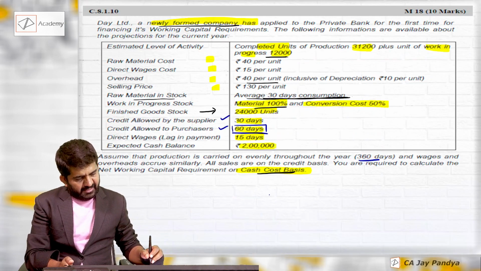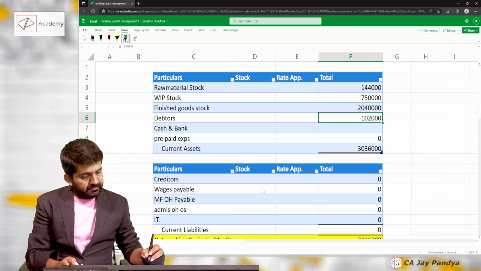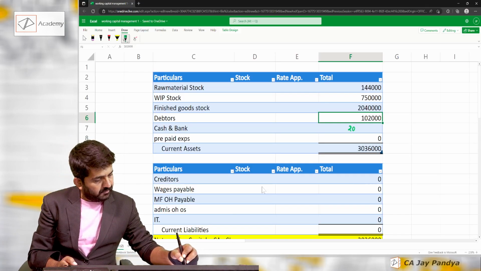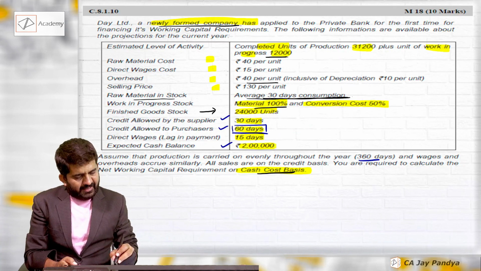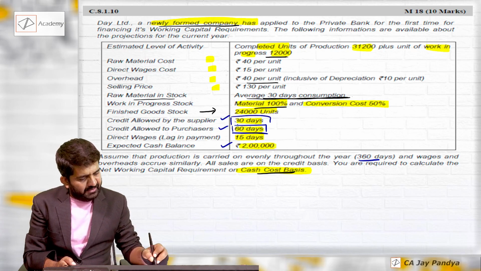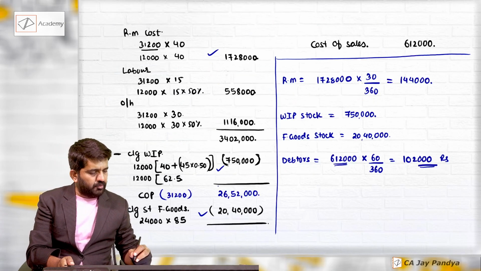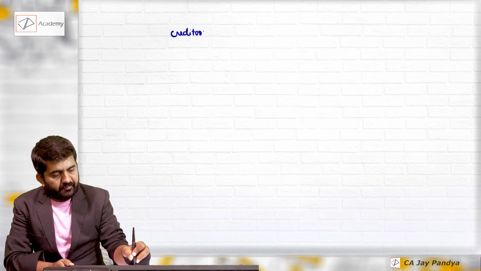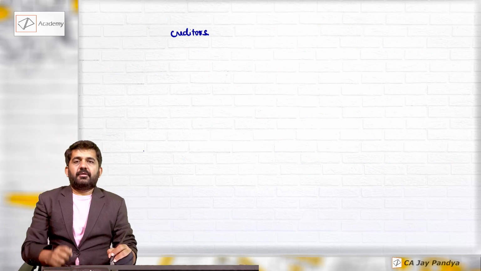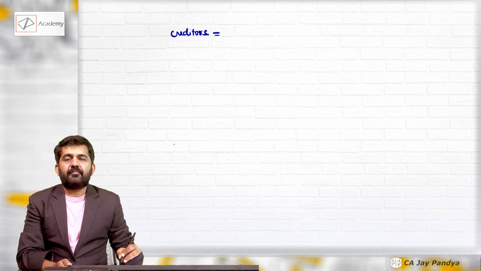Cash, I think, is directly given. Expected cash balance is 2 lakhs. Credit allowed by suppliers is 30 days. We need to find out creditors. Alright, here it will be important.